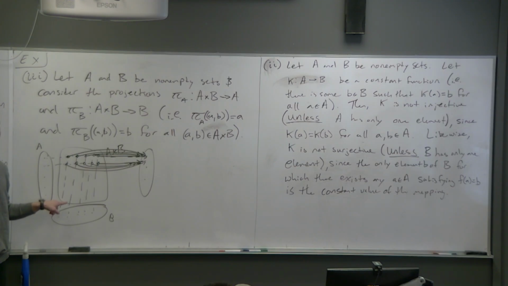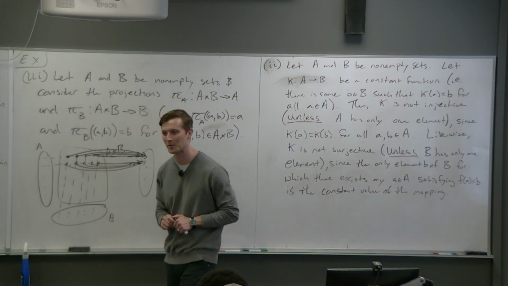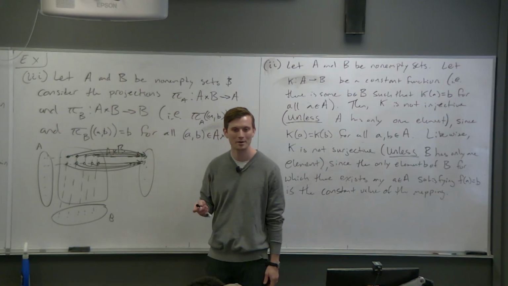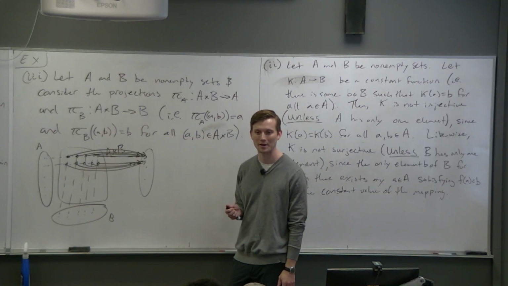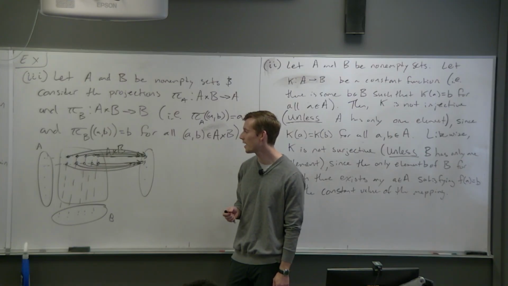Oh, so it could be injective if B has only one element, right? That is, the projection pi A could be injective if B has only one element. What about surjective? Well, what thing is not going to get hit?